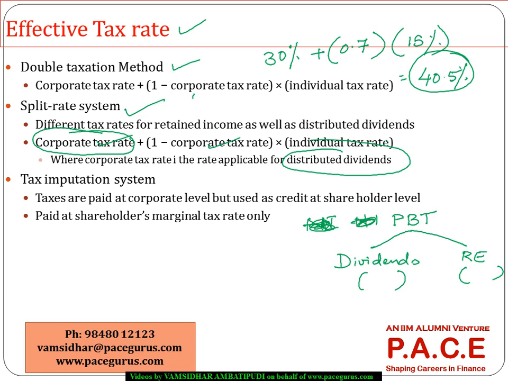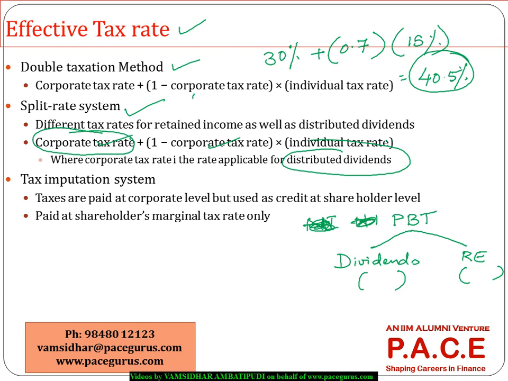Then the third methodology that is available to compute taxation is the tax imputation system, wherein though the company is paying the tax, whatever tax the company has paid comes as a credit to the individual investor. Means the taxation happens at an individual level.